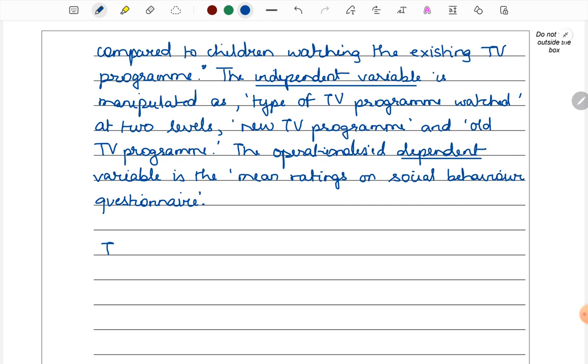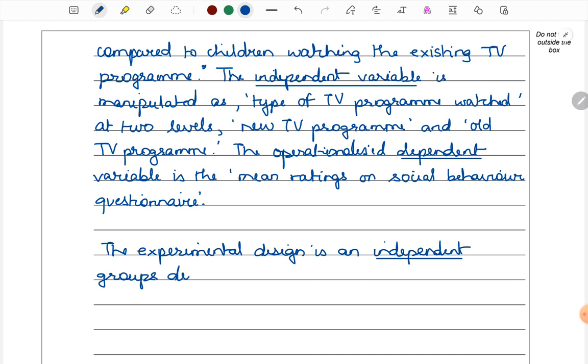The experimental design is an independent groups design as two separate groups will be created.